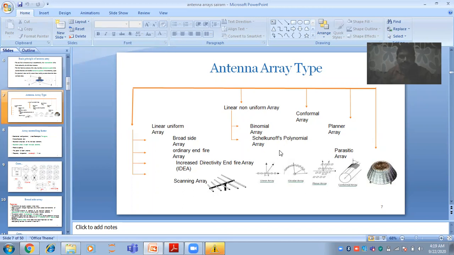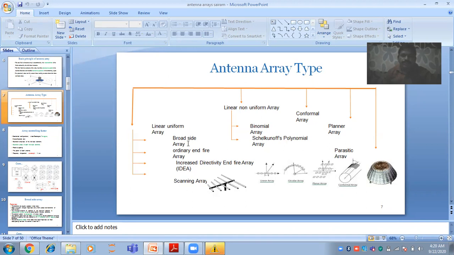And also we have seen the definitions of broadside arrays and end-fire arrays. The definition of a broadside array is that if the radiation pattern of an array is falling perpendicular to the axis of an array, it is called broadside array.